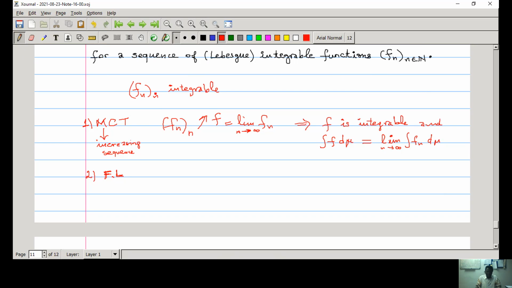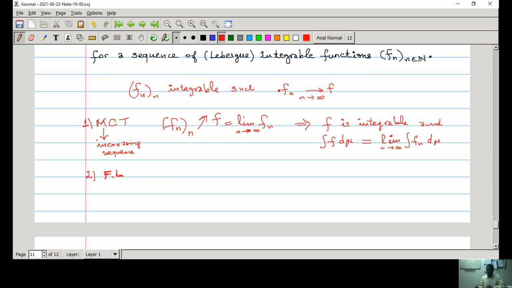So I have a sequence of integrable functions such that Fn converges to f when n goes to infinity. Now, what can I say about f? The Fatou lemma tells me the best we expect, since there's no restriction, for an arbitrary sequence.